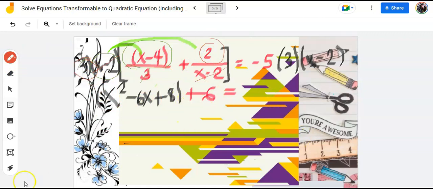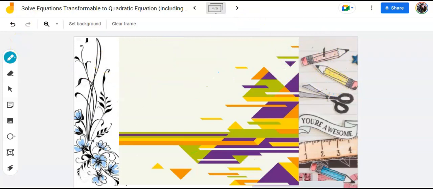And now we multiply all of the 3 factors at the right side. So, negative 5 times 3 times x minus 2. Right, so sugod ta multiply sa 3 times x minus 2, no? Atong i-compute ang LCD. So, we write 3 times x minus 2.